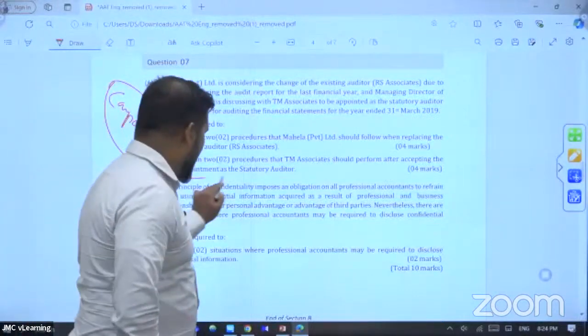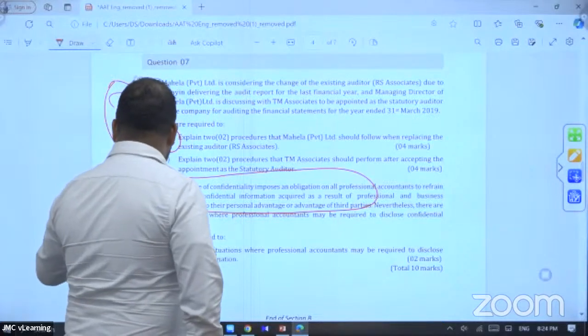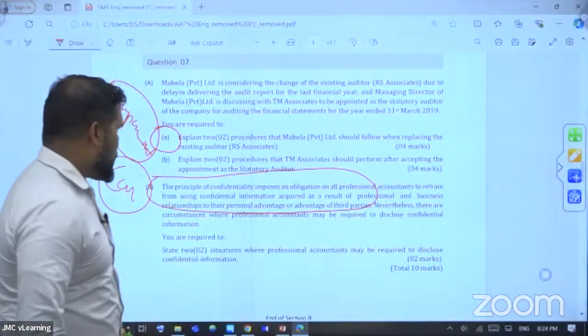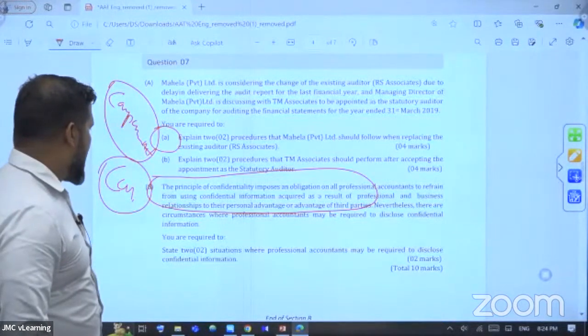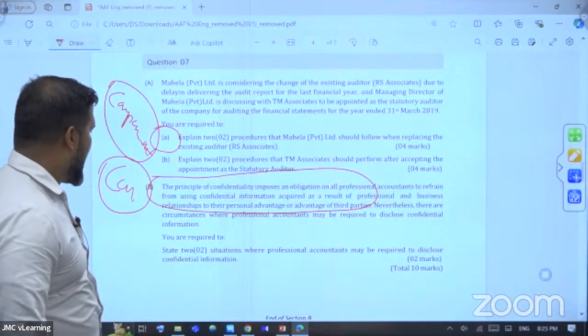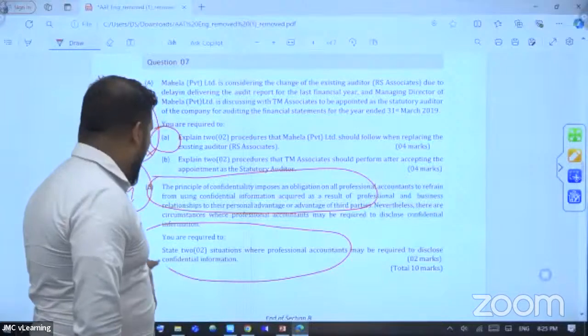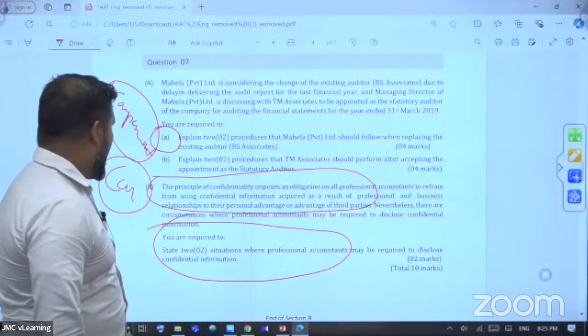Once you read this, you need to understand that they are going to talk about confidentiality. Nevertheless, there are circumstances where professional accountants may be required to disclose confidential information. State 2 situations where the professional accountant may be required to disclose confidential information.